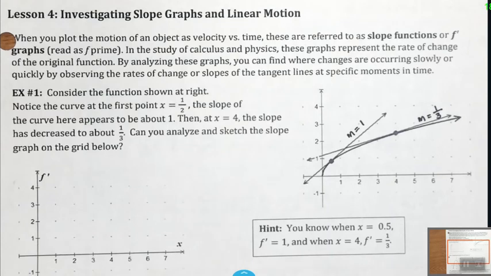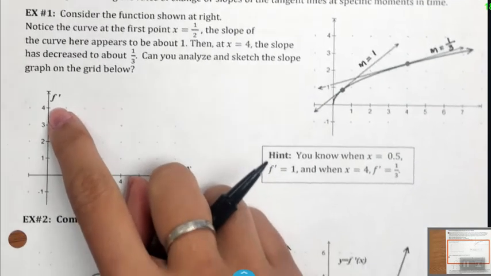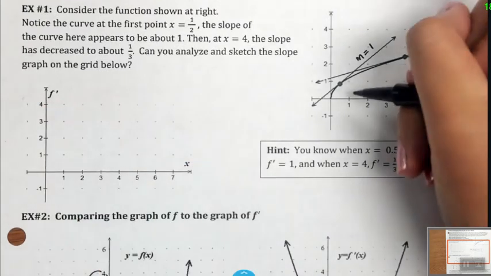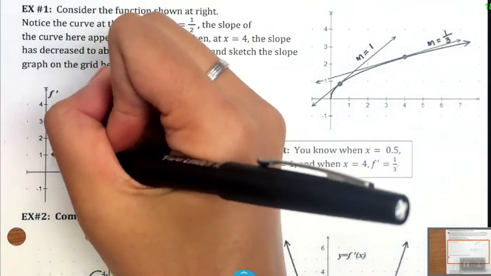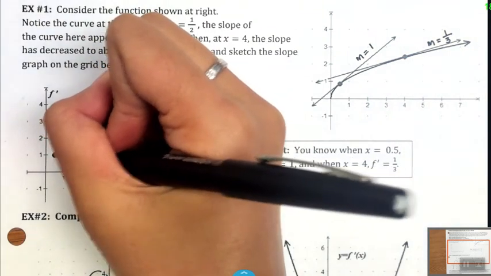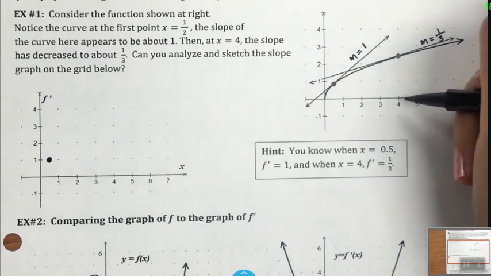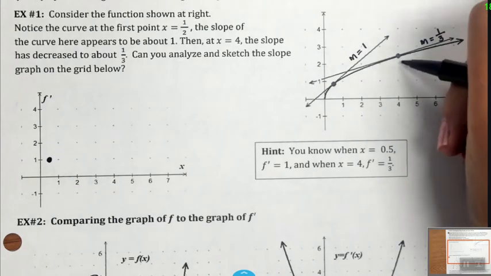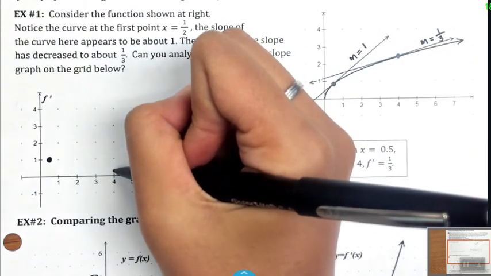So if we graph the derivative, then at 0.5 my derivative is 1, so we put a point at 1 for the derivative. And then at 4 my slope is 1/3, so I go to 1/3.